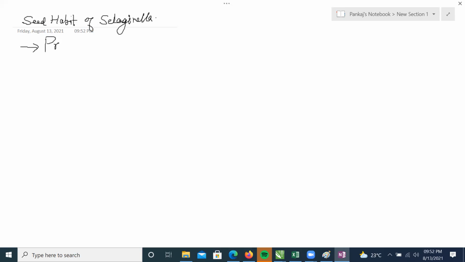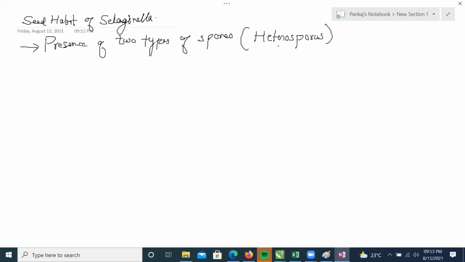Okay. So presence of two types of spores, which we call heterosporous. What are the two types? One we call microspore, the second megaspore. But mind, pteridophytes are basically homosporous.